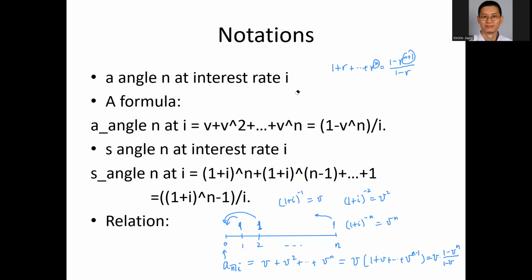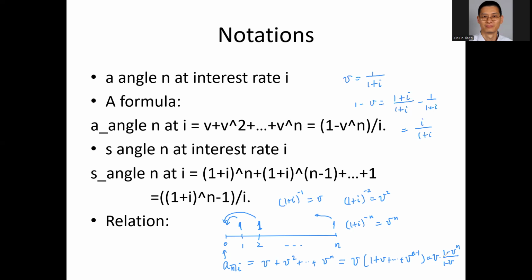So let's simplify a little bit. 1 minus v is what? v equals 1 over 1 plus i. So 1 minus v equals 1 plus i over 1 plus i, that's 1, and then minus 1 over 1 plus i, that is i over 1 plus i.